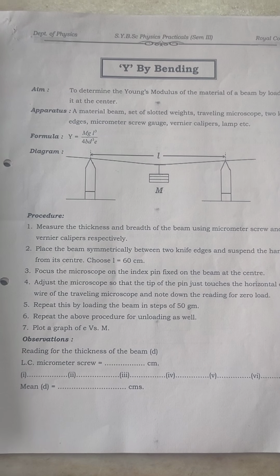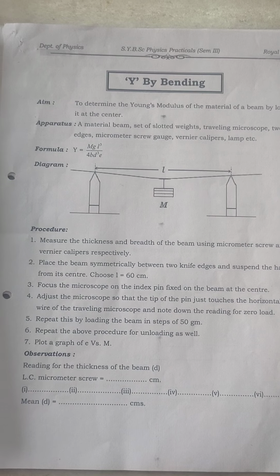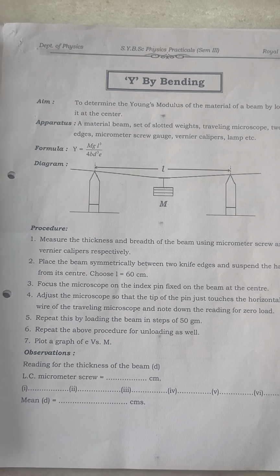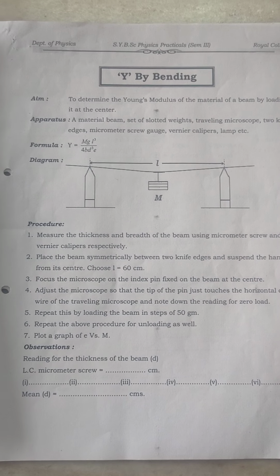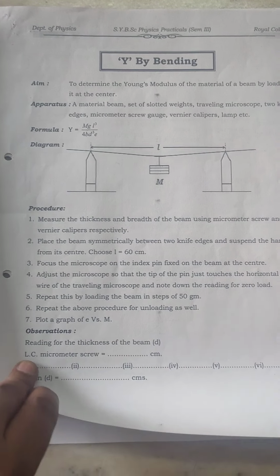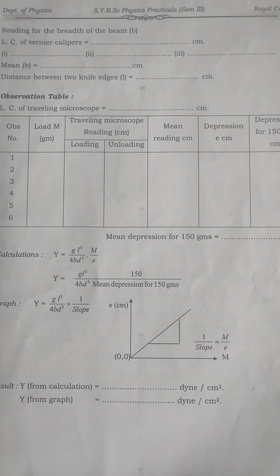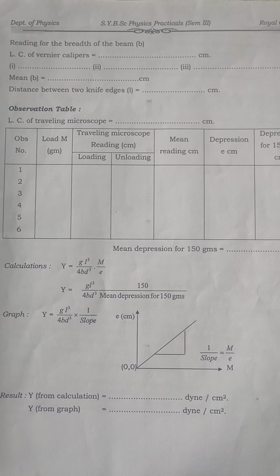In the first part of the observation, we have to calculate the least count of the micrometer screw gauge, then the thickness of the beam. After the thickness, we have to calculate the breadth of the beam using a vernier caliper.